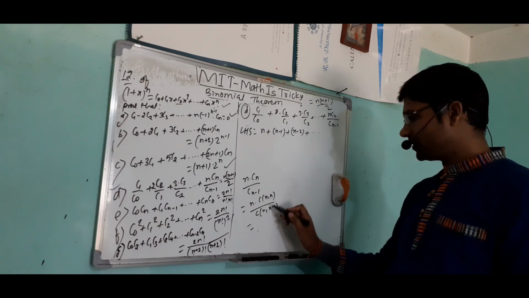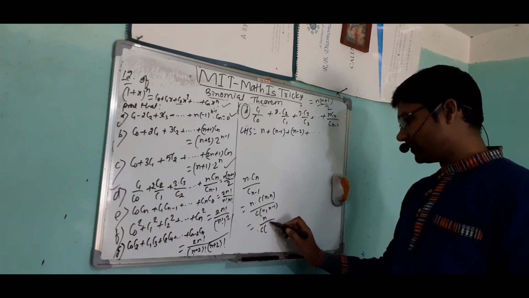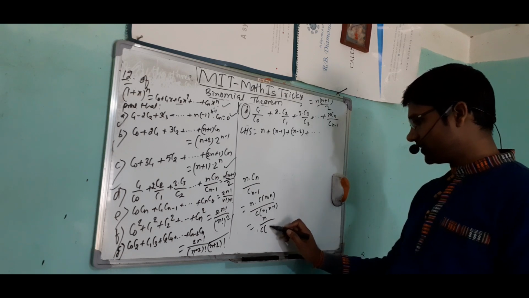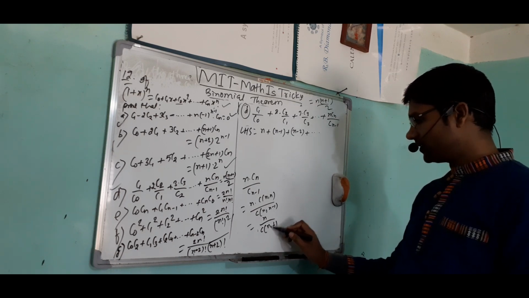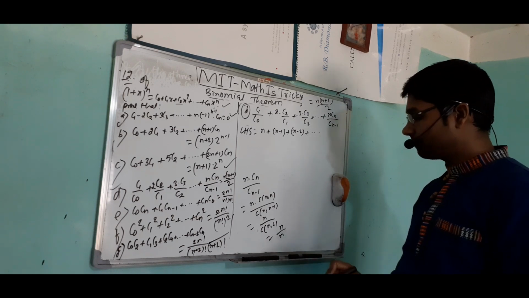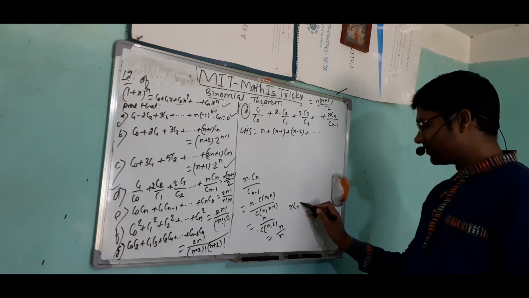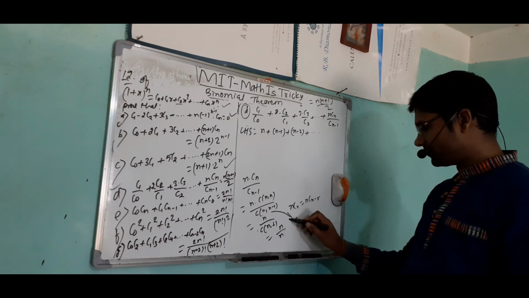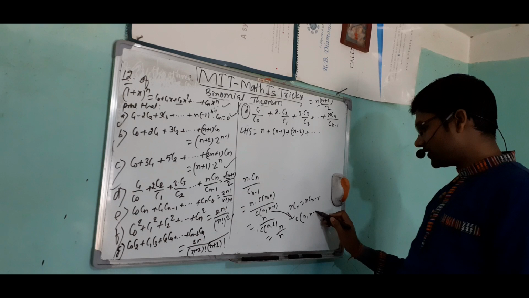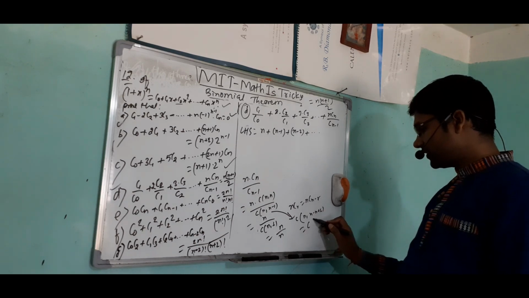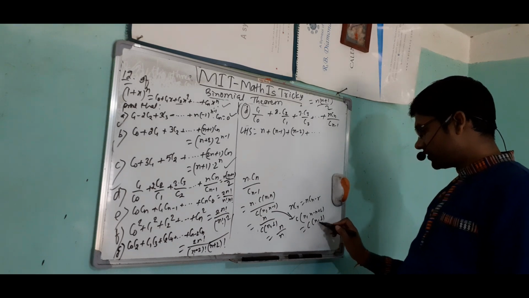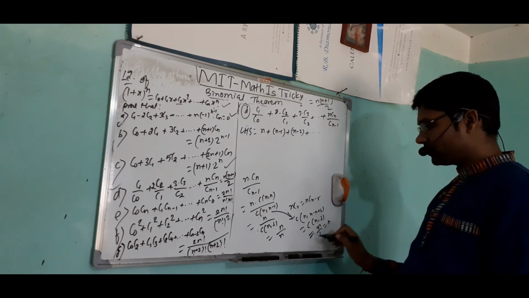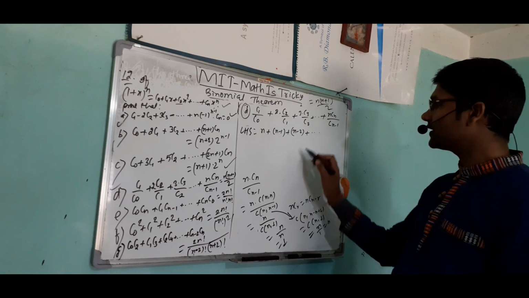By property, nCn is 1, and nC(n-1) can be written using the formula nCr = nC(n-r). So nC(n-1) = nC1, which is n. So n by n equals 1. So now we have this equals 1. Isn't it? So at last there will be 1.